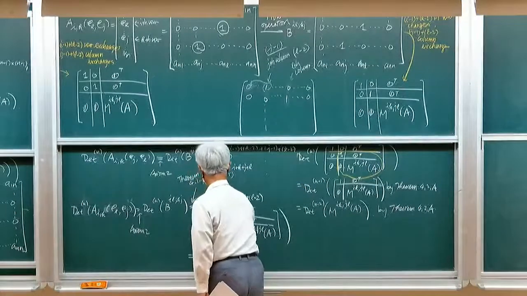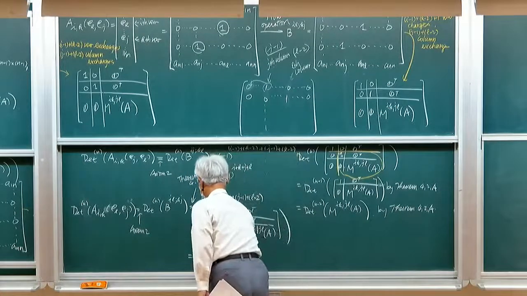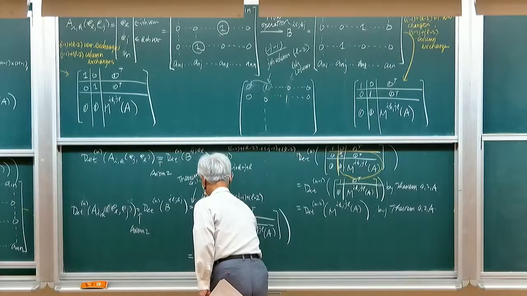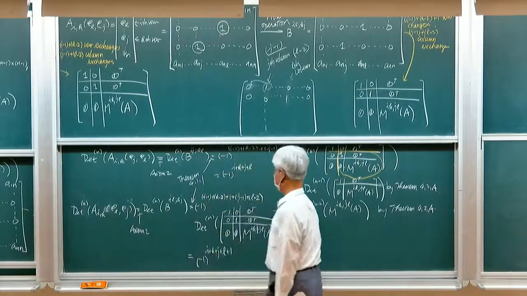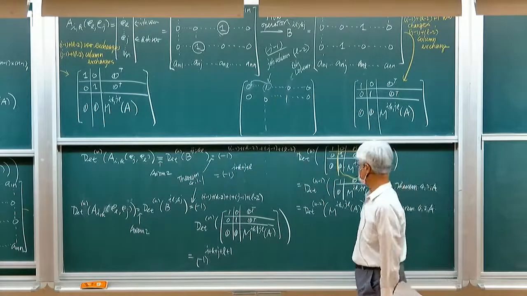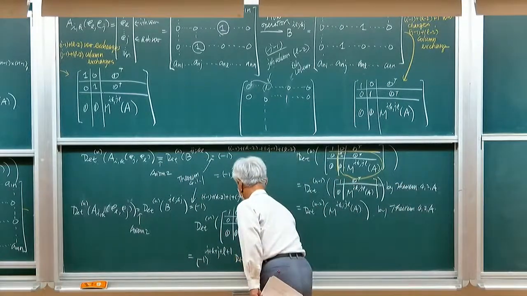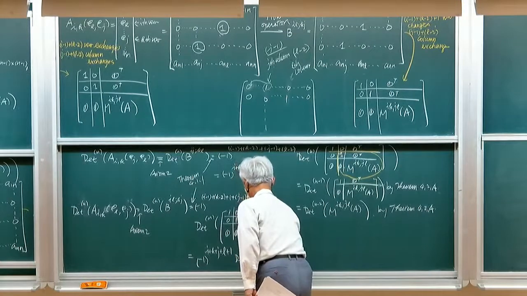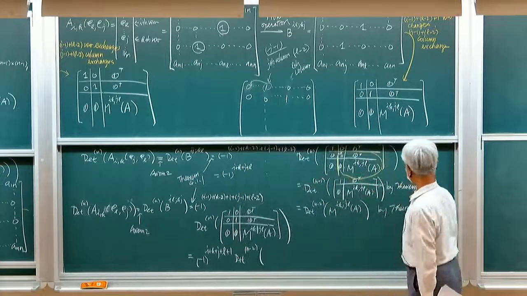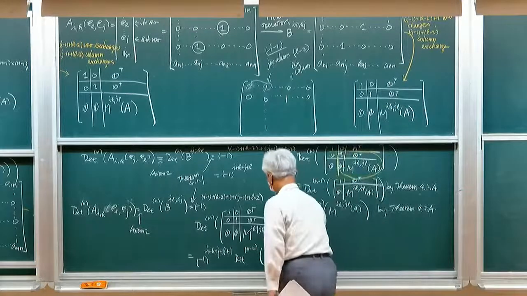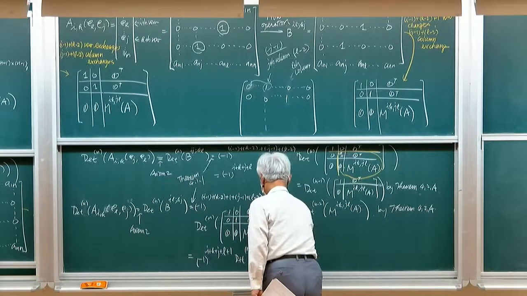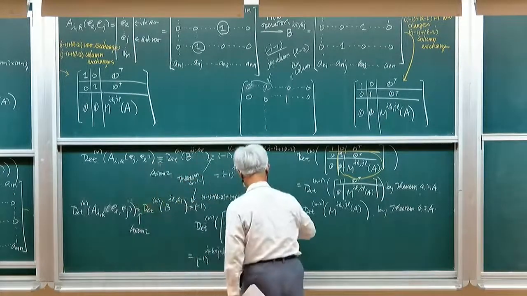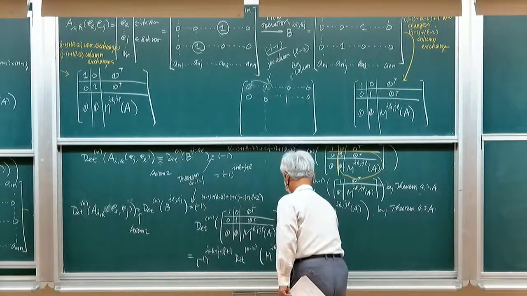All right. So we have minus 1 to the i plus k plus j plus l plus 1 here. So we have 1 here. And the determinant of (n-2), again by theorem 4.2.8, we have the matrix with i, k, j, l of A.